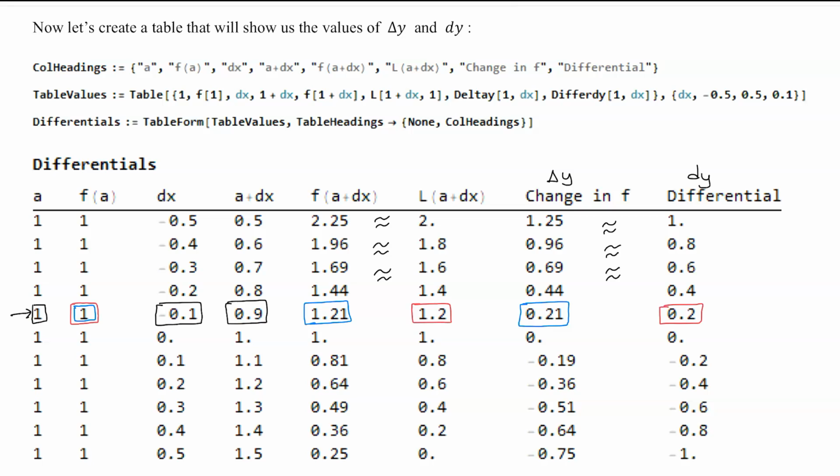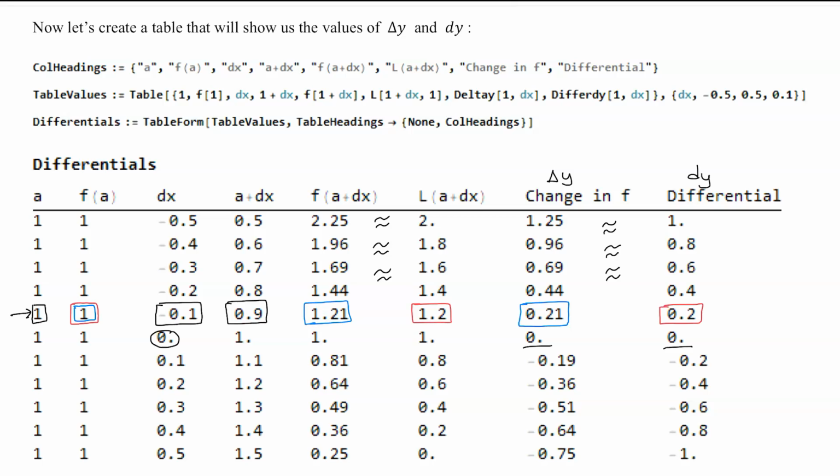And as long as I stay pretty close to the tangent line, I'll get good approximations. Now you notice as we work our way from the top of the table to the middle, where my dx is 0, so I'm at the point of tangency, I haven't changed my function value. I haven't changed my tangent line value. I'm staying in the same place.